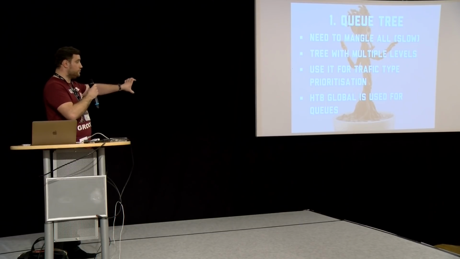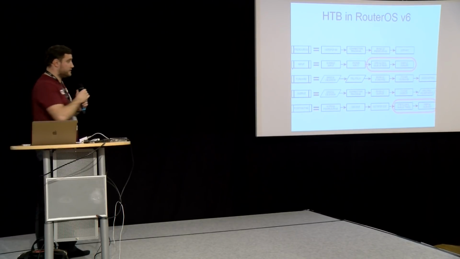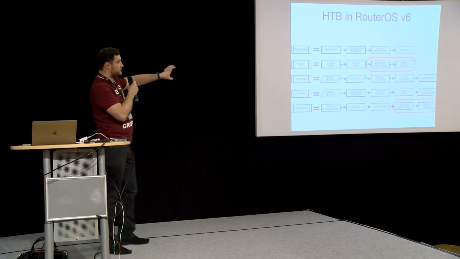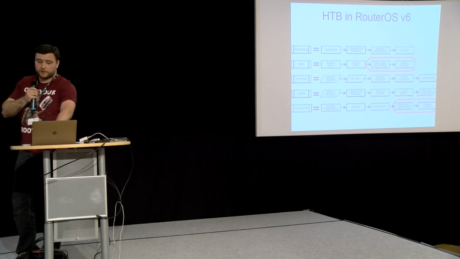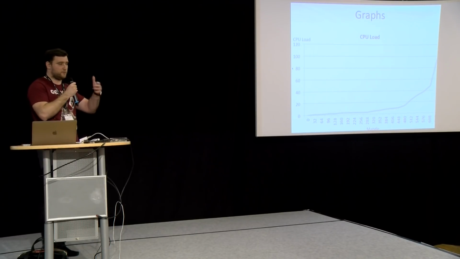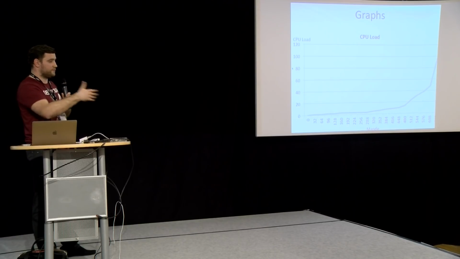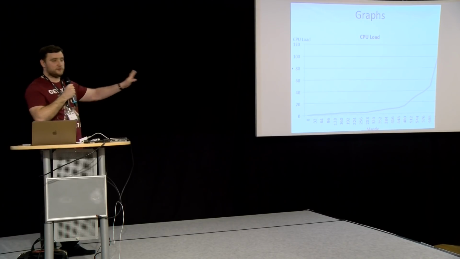HTTP global is used for queues, and this is where HTTP global is located, before simple queues. And the problem with this type of shaping, if we apply it for customers, but not for bandwidth prioritization for applications, is that when we have a lot of mangles, it will kill our CPU.